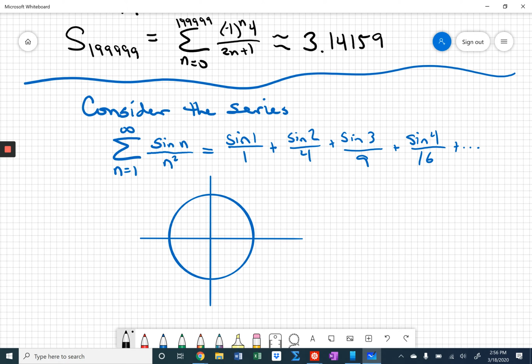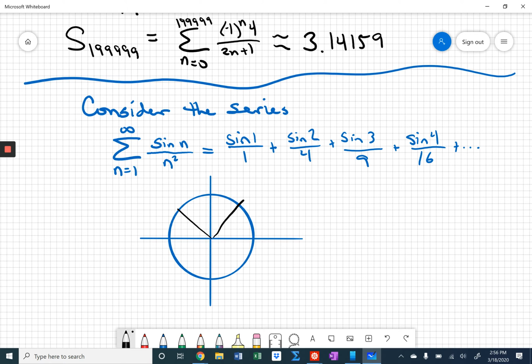Anyways, 1 radian is about 57 degrees, so it's going to be somewhere over here. And remember, sine in the first quadrant is positive, and so this first term is positive. Sine of 2, well, you just double that, and so it's going to be somewhere over here. It's still positive.